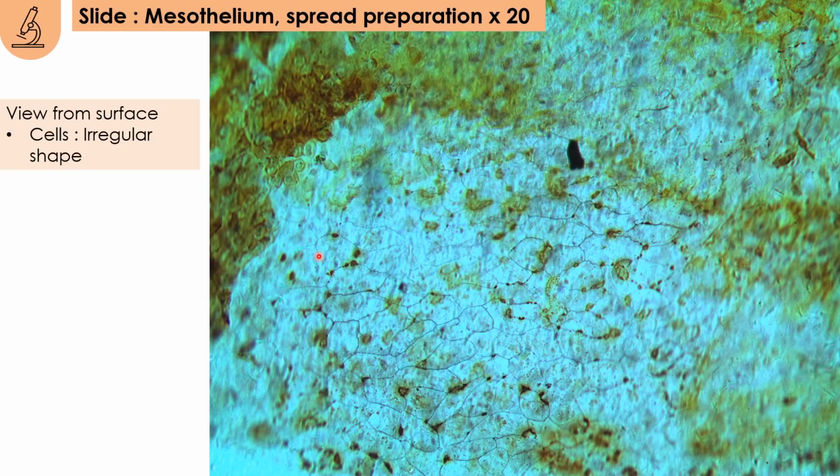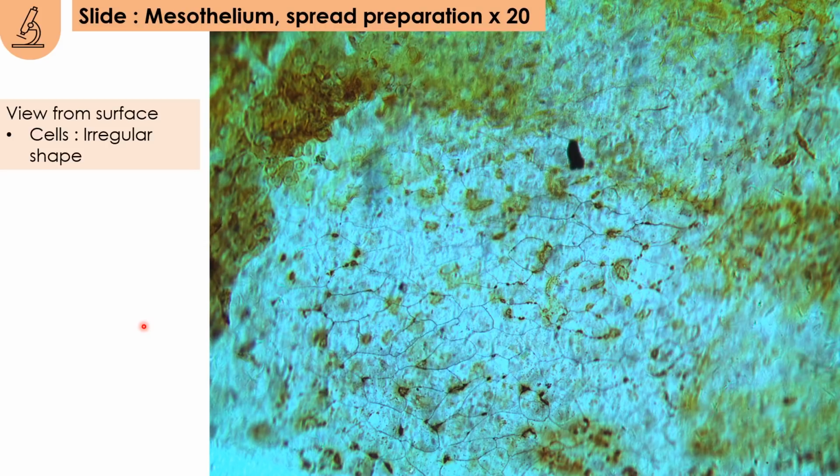This is one cell, this is another cell, so these are the cells. Can you guess what type of cell this is? Remember this is a spread preparation, and you can see the cells are irregular in shape. This is the nucleus of the cell.